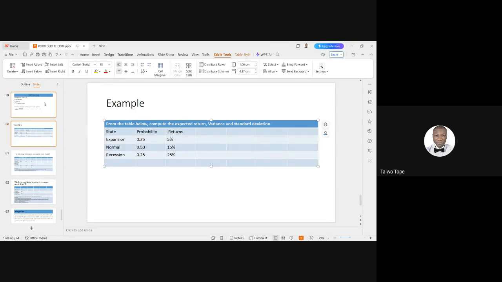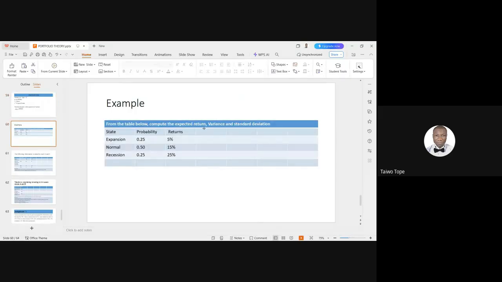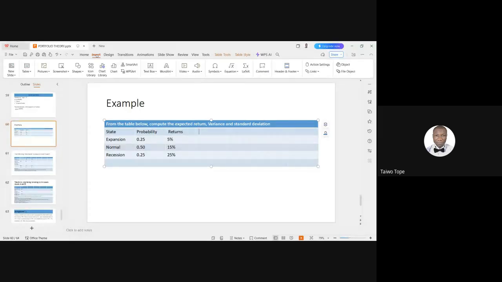From our formula, first, we need to determine our expected return. And for you to determine your expected return, what are you going to do?